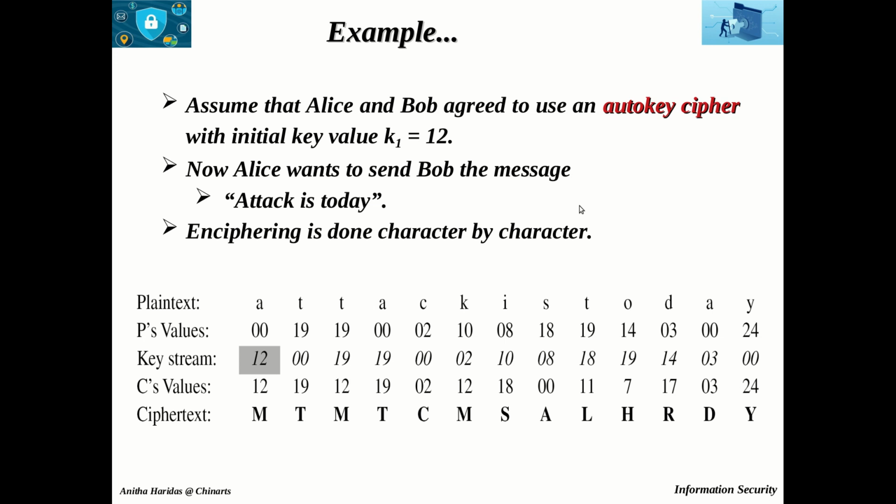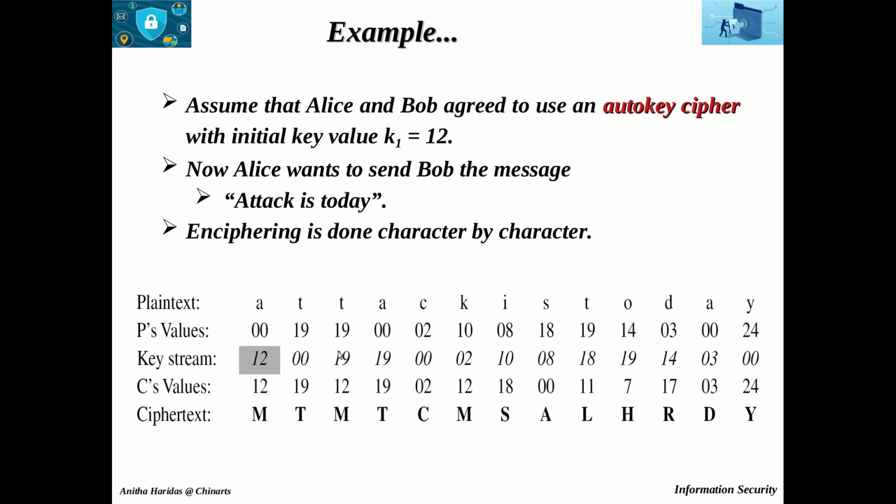And the key stream value you can observe here, the initial key value is 12 and P1 will be taken as the second subkey. So P1 here is 0, so the second subkey is 0.